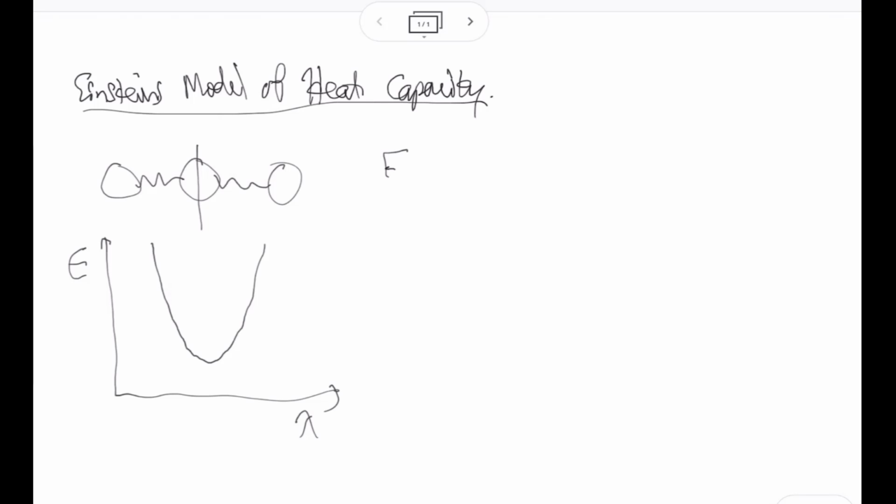From quantum mechanics, we know that the energy eigenvalues of the harmonic potential are actually not continuous, but have discrete energy levels.